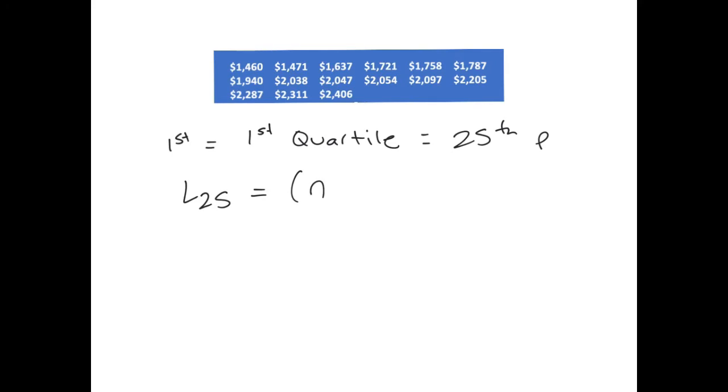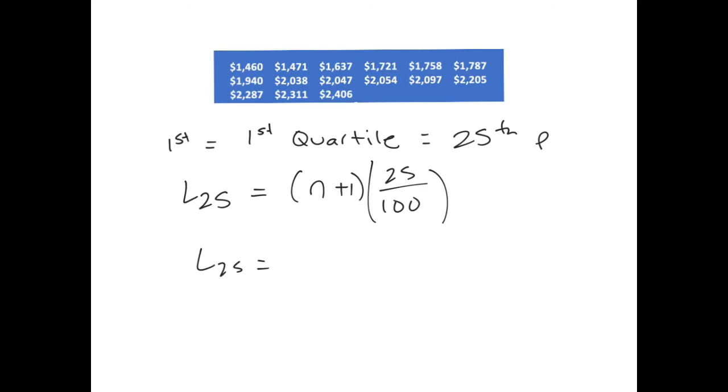First, we want to find the first quartile of this data set. The first quartile represents the 25th percentile, which can be represented by L of 25. So let's find the location. In this case, we have 15 observations, so our location of percentile equation is n plus 1 times P, which in this case is 25 over 100.